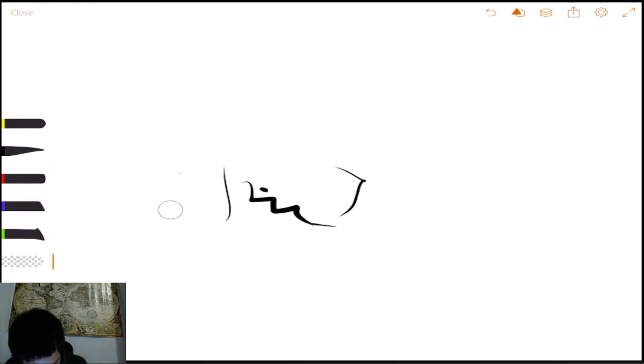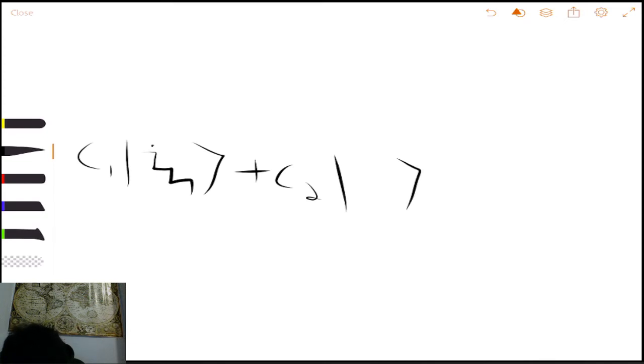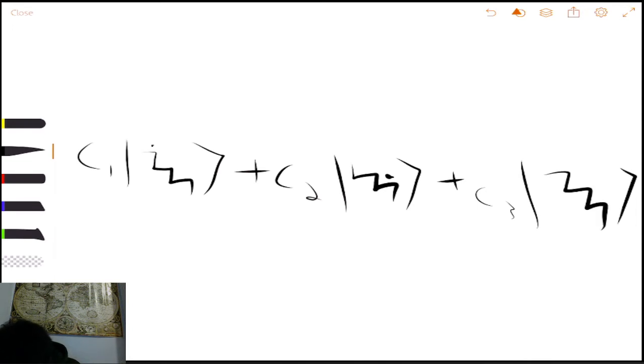We'll call this C1, the ball sitting at the top stair, plus C2, the ball sitting on the second step, plus C3, the ball sitting on the third step.